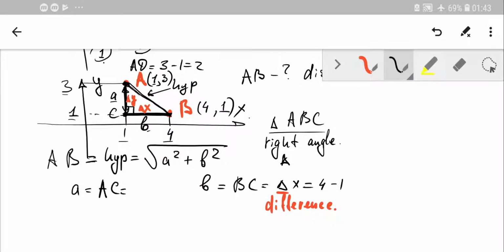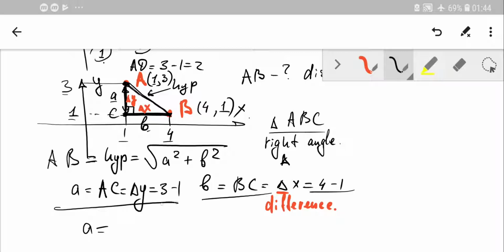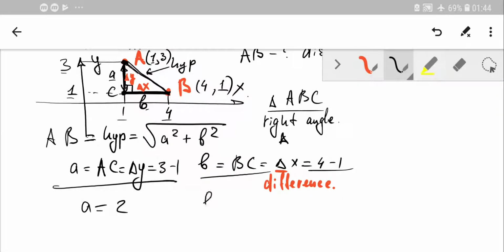So AC is basically the change in y, and in numbers it's 3 minus 1. That's how we can find corresponding segments. Now we know the legs. 3 minus 1 is 2, and for B we'll have 3.